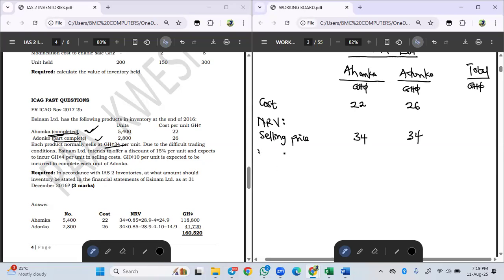Okay, let's move on. The discount is 15% of the selling price, right?